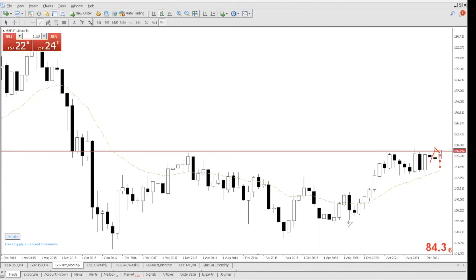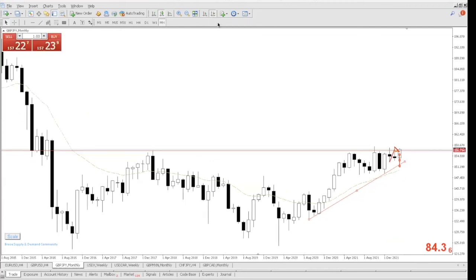Technically, it means pound JPY is uptrending. Okay, look, it's uptrending, and anything here, let's check.